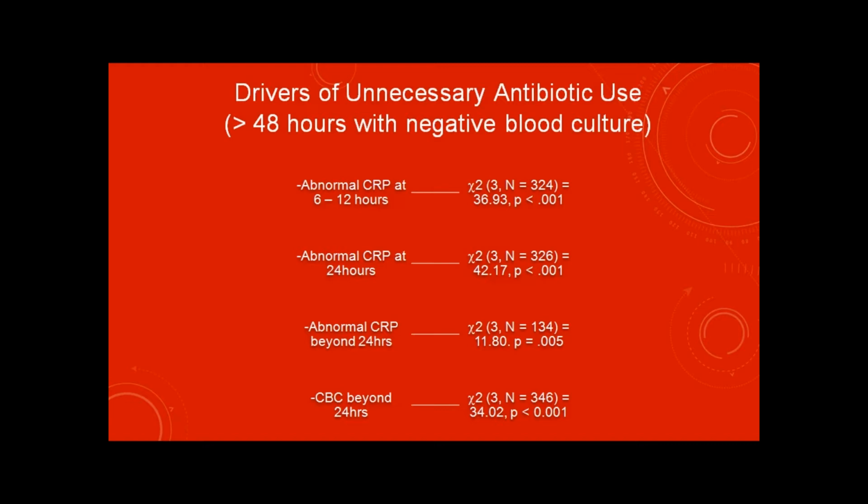The drivers of unnecessary antibiotic use with those negative blood cultures: abnormal CRP at 6 to 12 hours, at 24 hours, abnormal CRP beyond 24 hours, and CBCs beyond 24 hours.